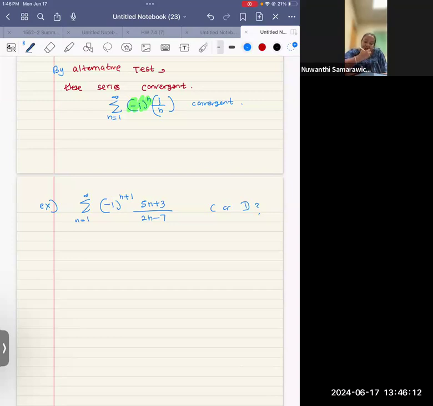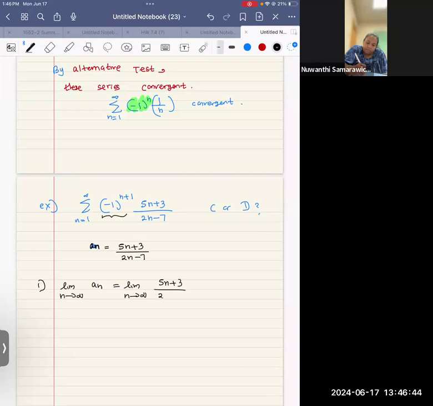So what is A sub n? A sub n without this sign part we are writing: 5n plus 3 over 2n minus 7. To use the alternating series test, we need to find the limit when n approaches infinity.